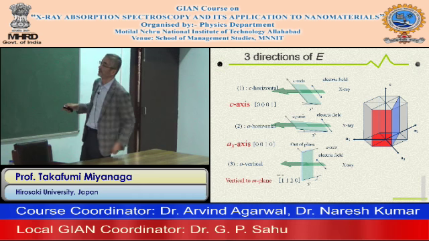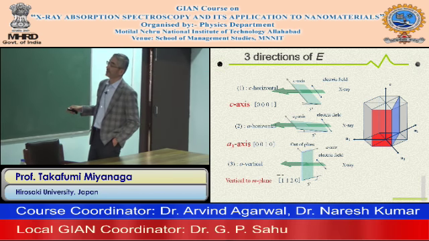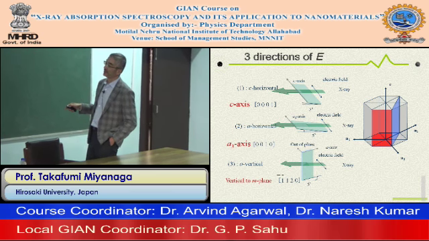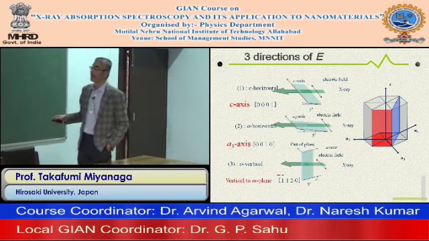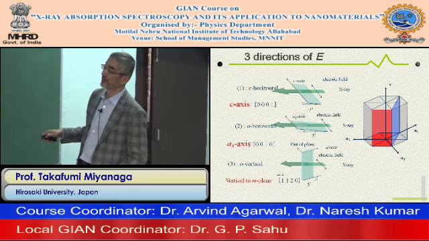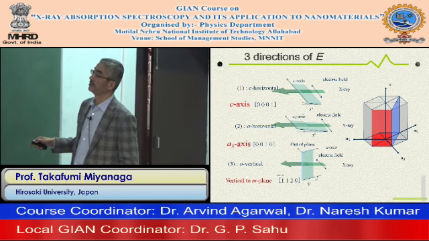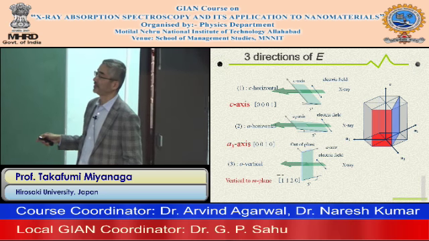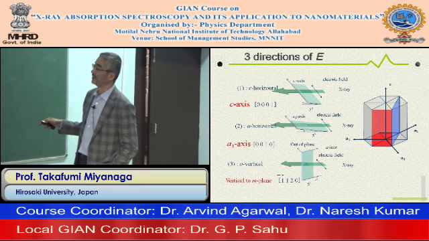Second, we measure with the A3 axis parallel to the electric field. Thirdly, the last one means our electric field is vertical to the M planes. First, the electric vector is in this direction. Secondly, in this direction. The last one is in this direction.